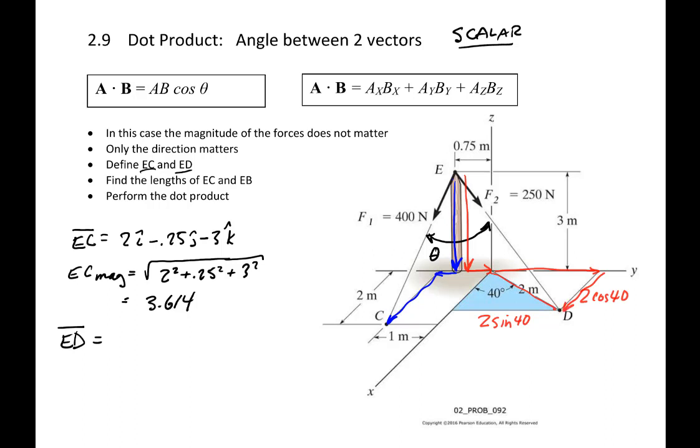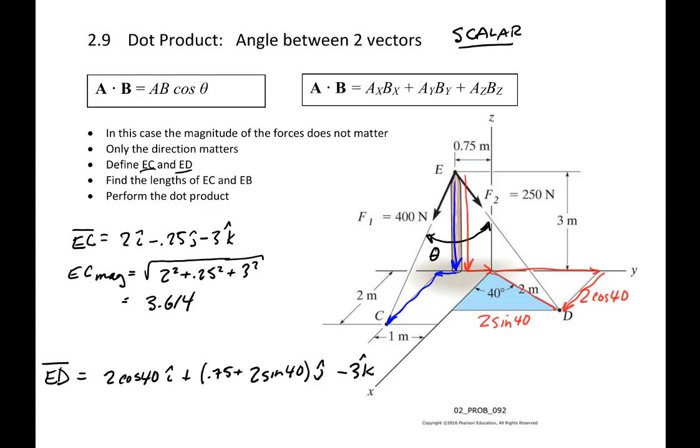So when you add those together, you get this. I got 2 cosine 40 in the i direction plus 0.75 plus 2 sine 40 in the j direction minus 3k.